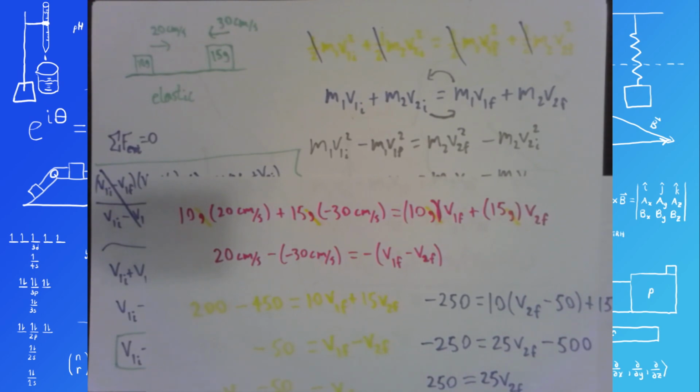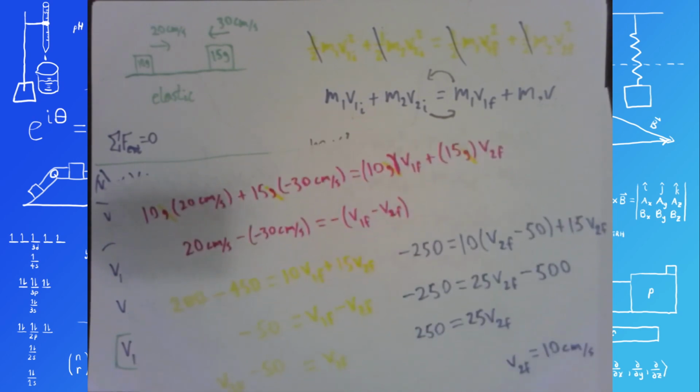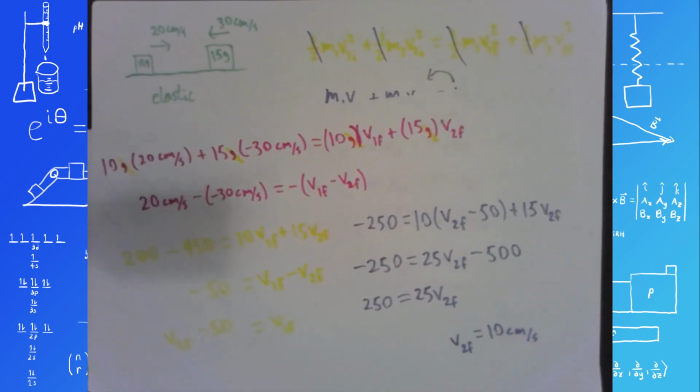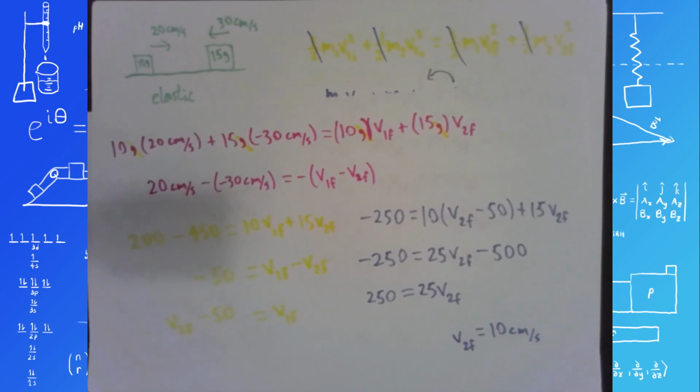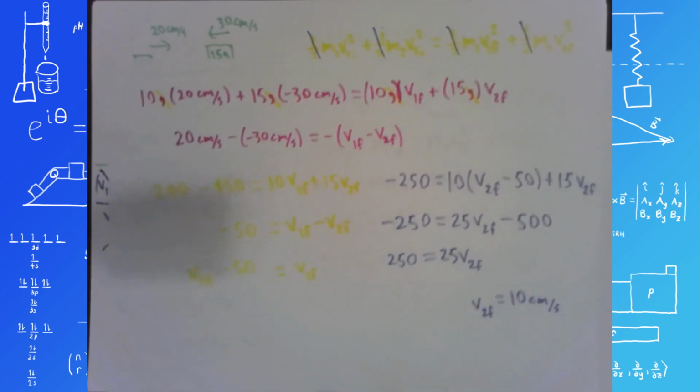It could very well continue going to the left at a lower speed, but being bounced back hard enough that it actually starts going to the right is not completely unheard of. Especially with 10 centimeters per second, that's low enough that it's still believable.